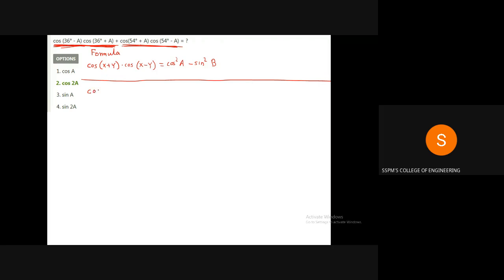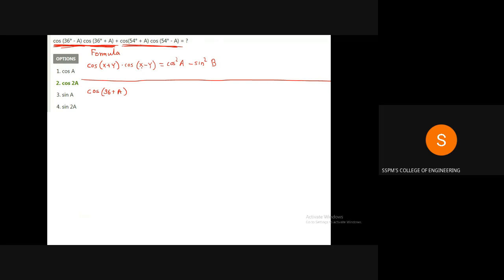Okay? Cos 36 plus a into cos 36 minus a, plus now we will write the other terms as they are: cos 54 plus a into cos 54 minus a.